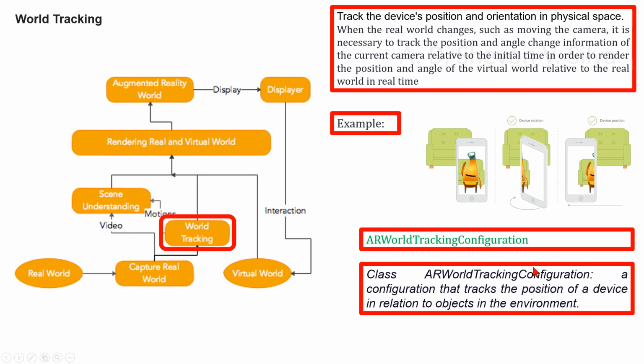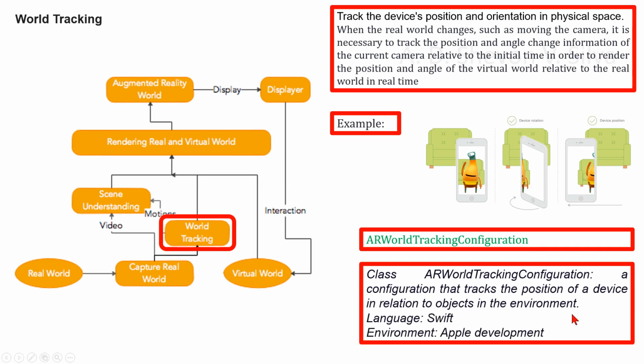As an example, we can consider this class, ARWorldTrackingConfiguration, a configuration that tracks the position of a device in relation to objects in the environment. This class is in the Swift language in the Apple development environment.